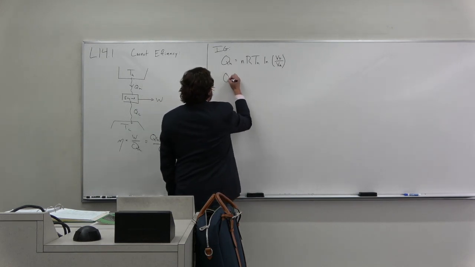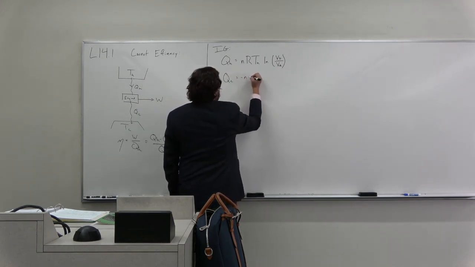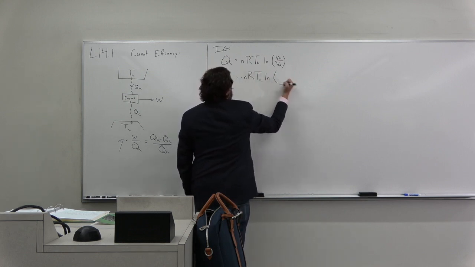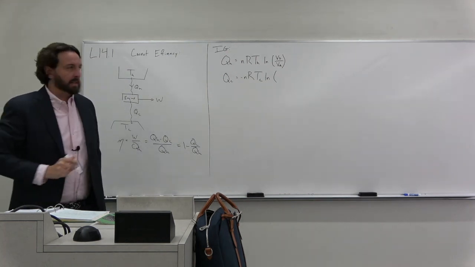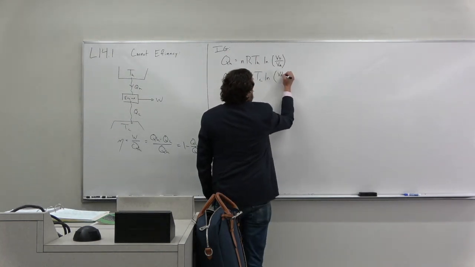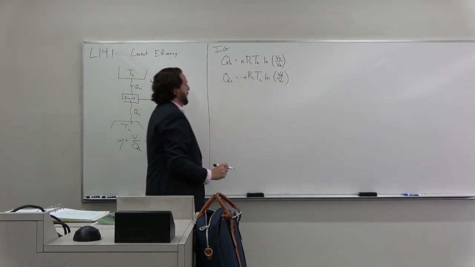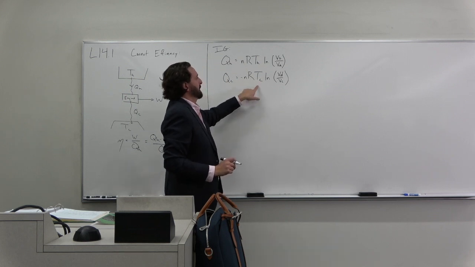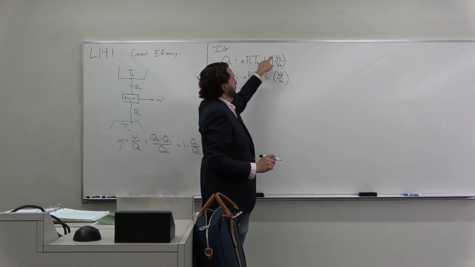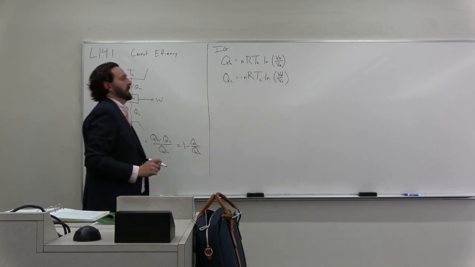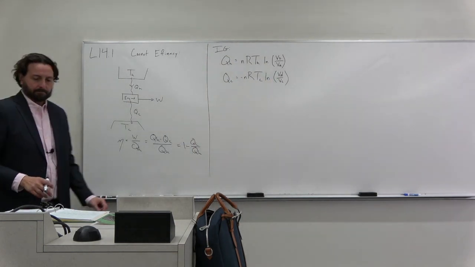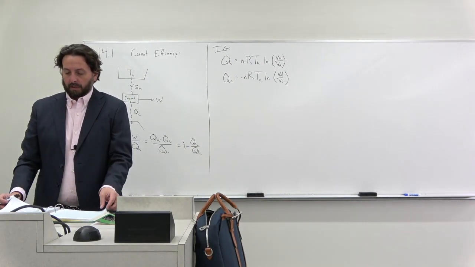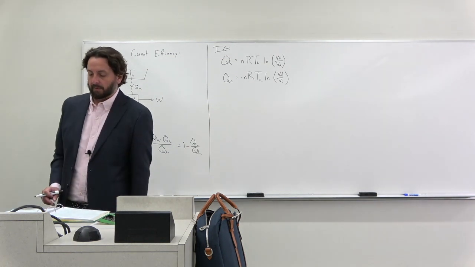And we said that QC was minus NRTC log, and this should be VD over VC. All right, so this one involves the high temperature isotherm, and this one involves the low temperature isotherm, where we moved from A to B, and here from C to D, along the isotherms. So if you don't remember, go back to lecture 13, I believe it should be 13.3 or 13.4, I forget, 13.4.